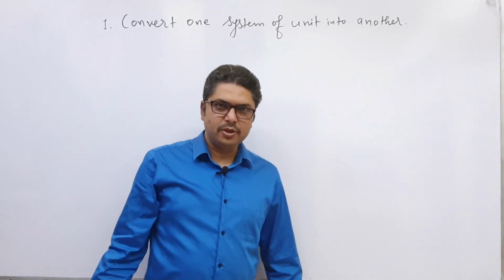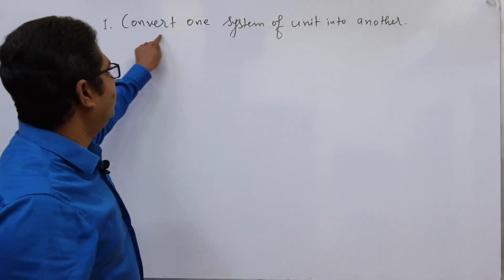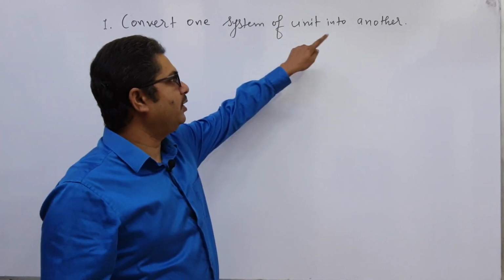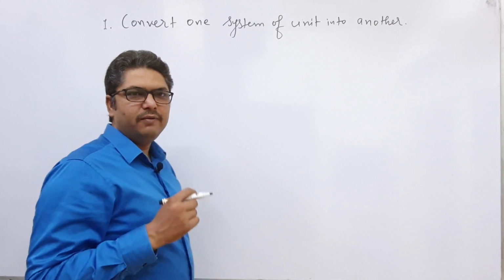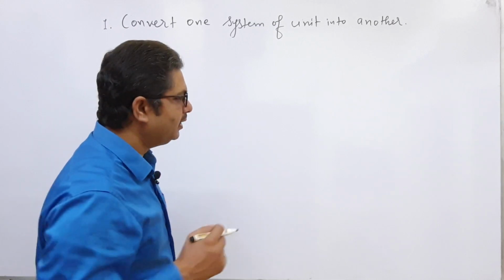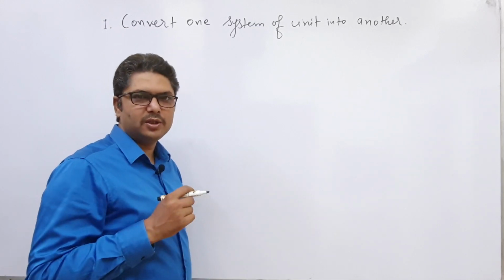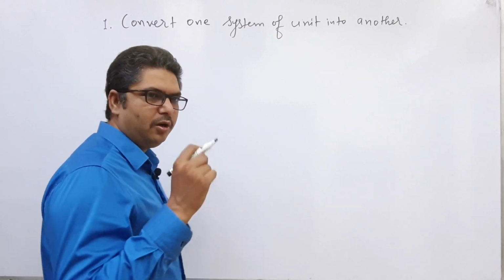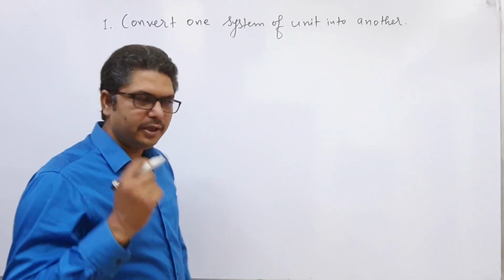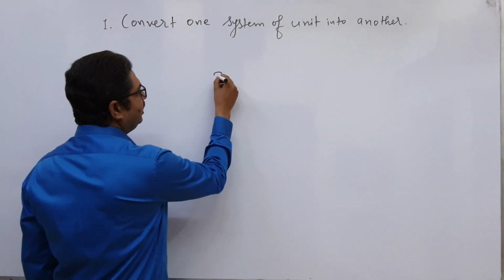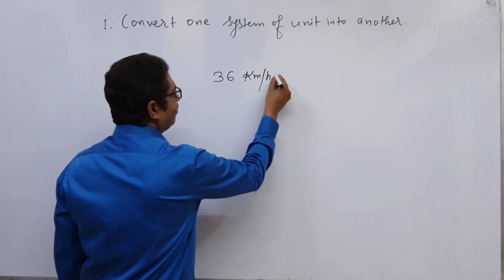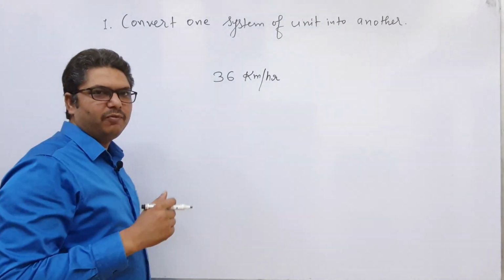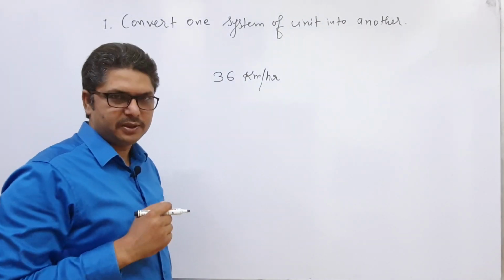Let us see the first use, that is convert one system of unit into another. For this, first of all, I give you an example. Suppose I talk about the speed. The speed of a bike is 36 kilometer per hour, and I ask what will be the speed in meter per second.